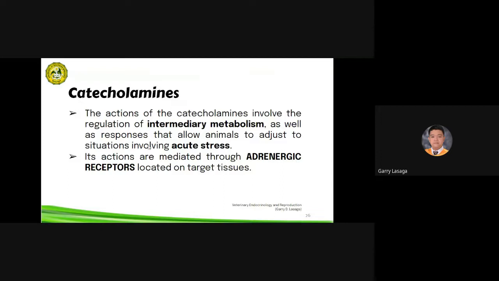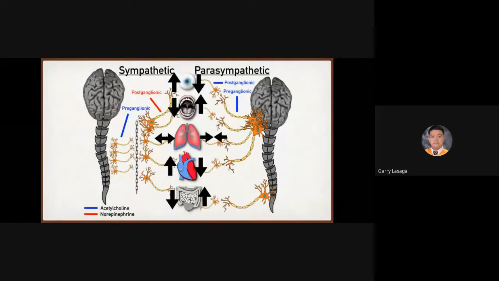Therefore, the magnitude of the effect of our catecholamines will depend on the presence or the abundance of the adrenergic receptors that are located on that particular target organ. So for example, in the heart, there are more adrenergic receptors. So the heart will be activated as compared to other organs with lesser adrenergic receptors.